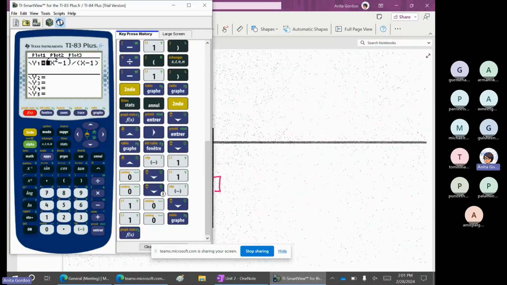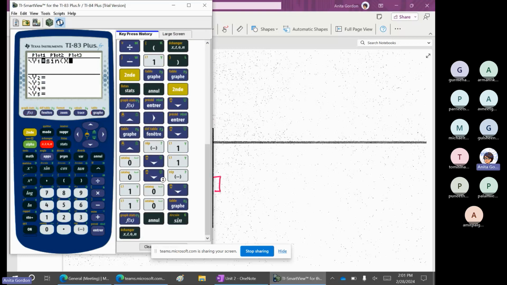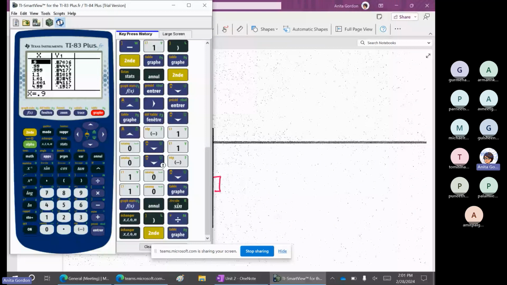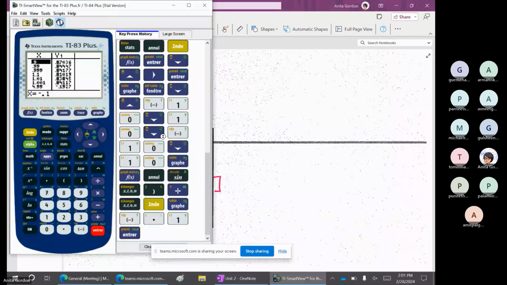So back to my graph. Clear. I'm going to type in my new function. I'm going to go to my table of values and type in what I got.